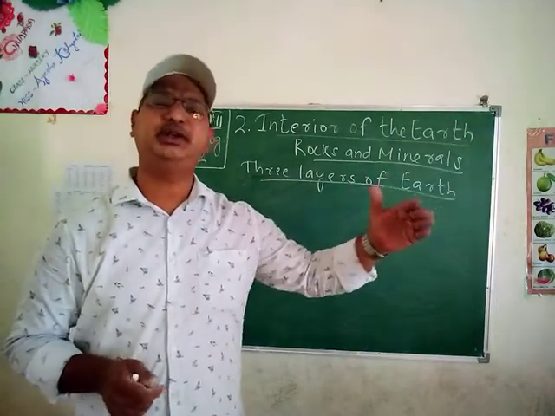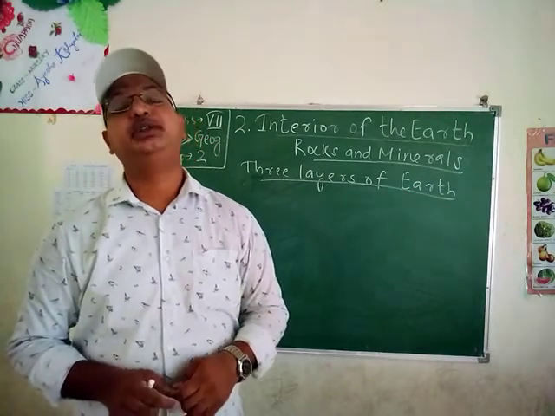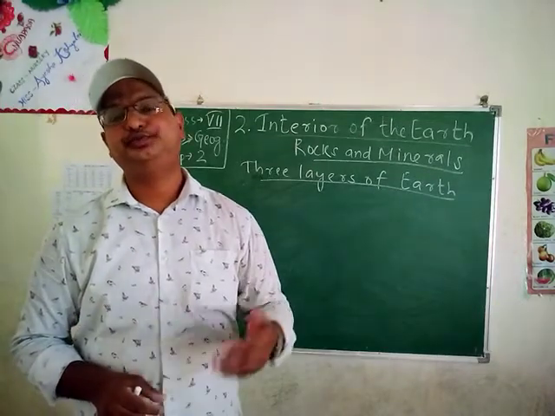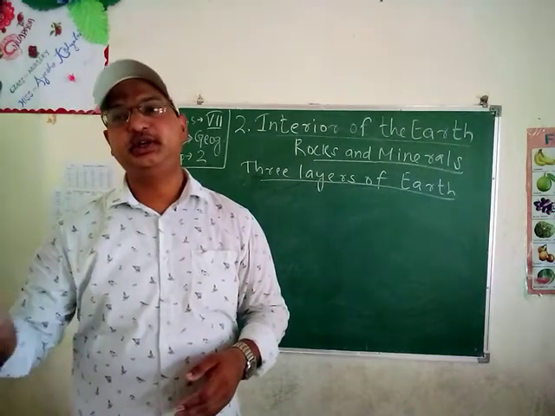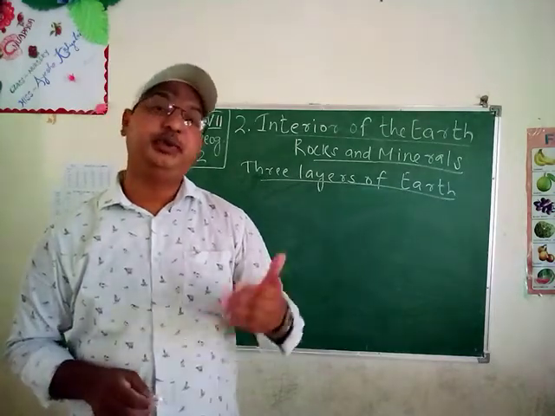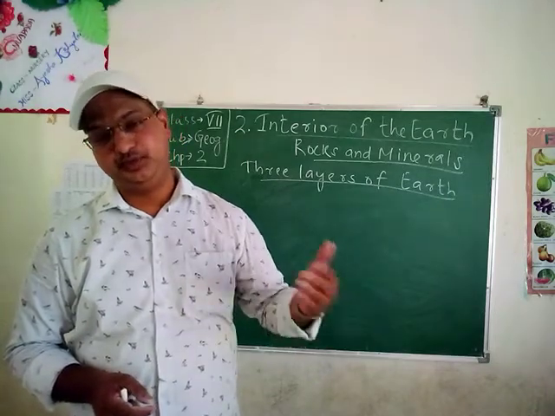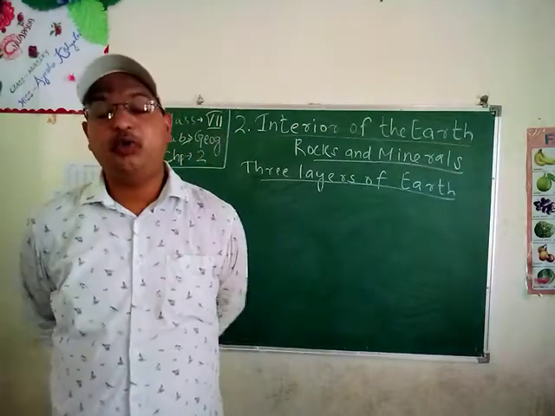Let's take the greener part as crust, the white part as the mantle, and the red fleshy part as the core. Students, how can we compare it? By watching it carefully. In the picture also, the green part is given as the crust, then the mantle, then the core.